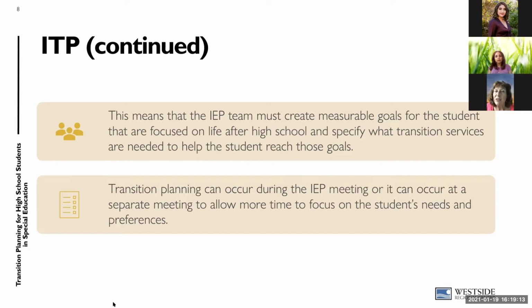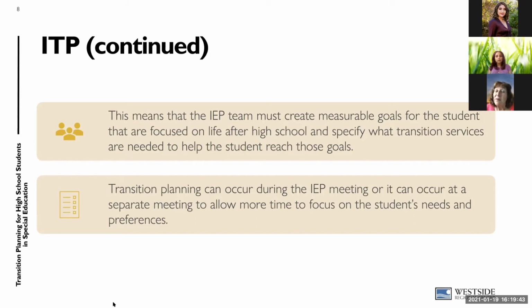So for some students, the transition planning can be kind of complex. You can have an IEP meeting that does the education goals and the services, and then you can have another meeting specifically to talk about transition planning, because it's a different framework. It's very hard to sit down at a 4-hour meeting these days.